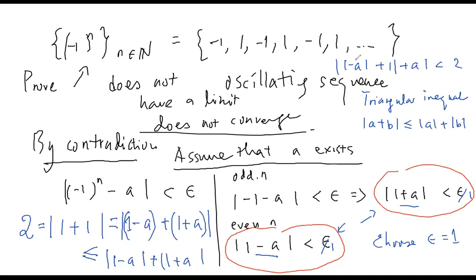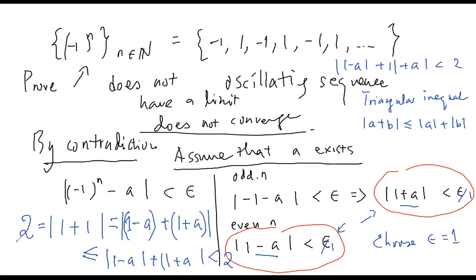Because the absolute of 1 minus A is less than 1, and the absolute of 1 plus A is less than 1. So when you add these two together on the left-hand side, on the right-hand side, you add together, so you get 2. So the inequality sign will hold, and you will get less than 2.